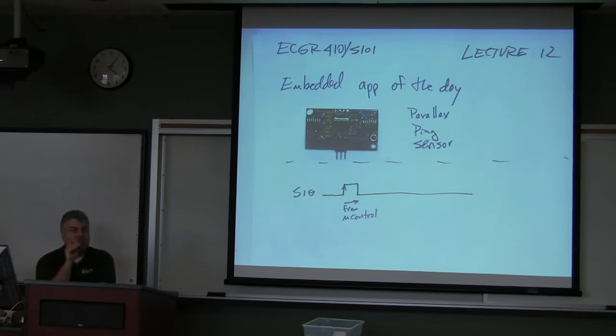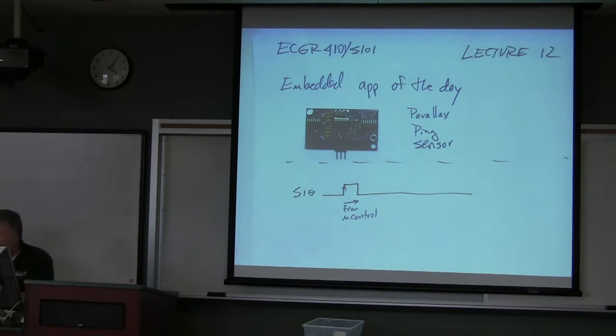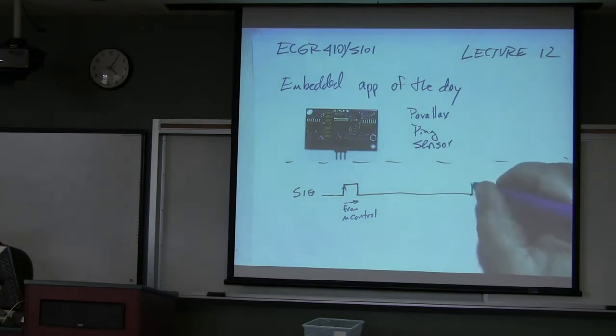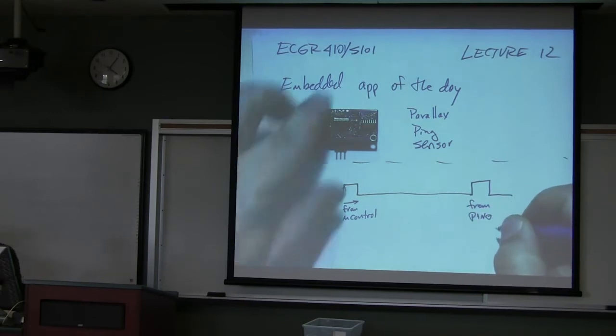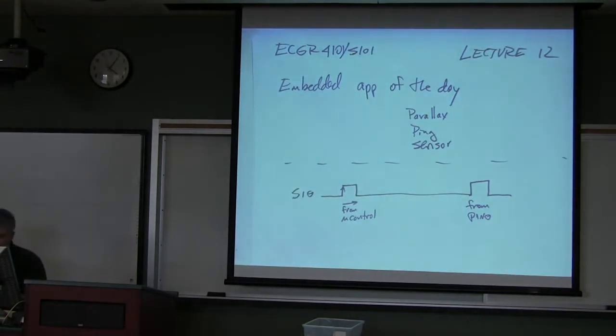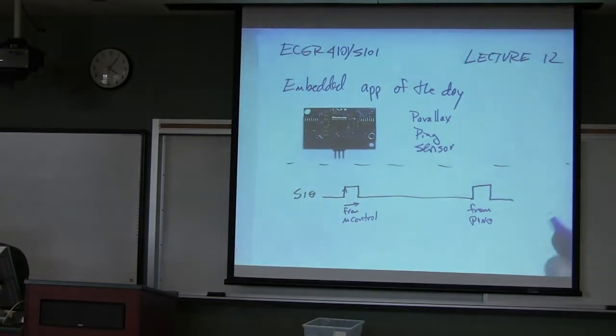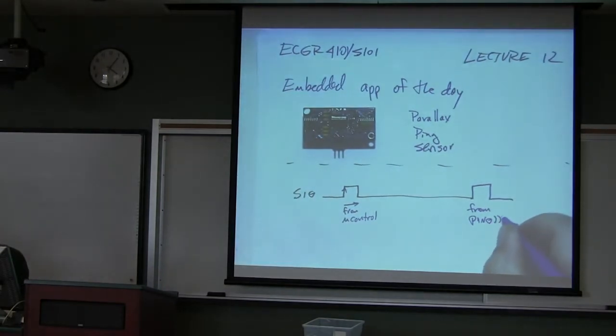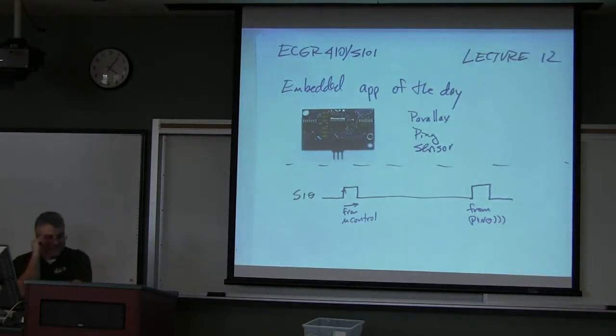And when it reaches a certain threshold of energy, meaning I got a good reflection back from something else, then it will return a pulse from the ping. It's not just called a ping, it's called a Ping. Here we go. That's how they spell it.